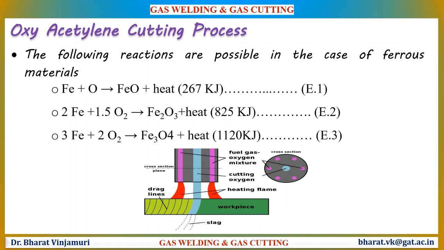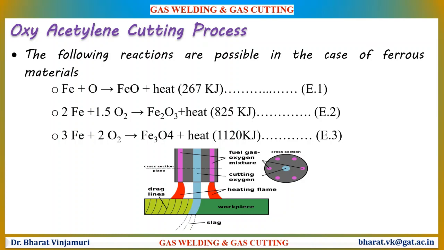During oxy-acetylene cutting process, the following reactions take place while cutting ferrous materials. Among these reactions, mainly the third reaction takes place with a release of large amount of heat. The second reaction occurs to some extent in cutting heavier sections.